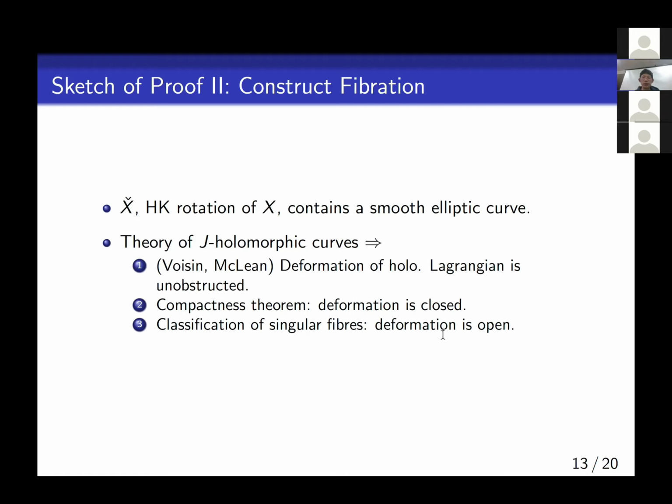And so that gives you a fibration structure. If one cares about just simply the fibration, that's it. But X-check is not clear what X is. And so here comes the next step.